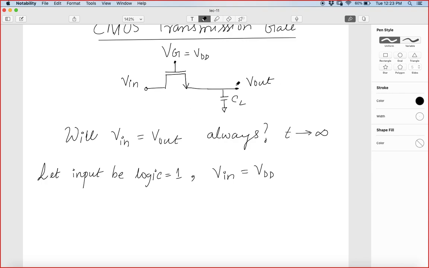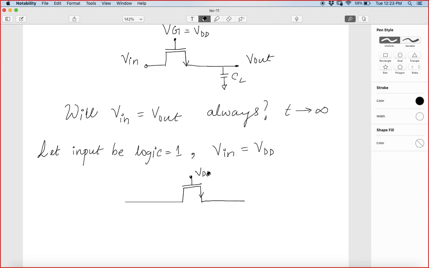This is the condition: I have applied VDD here. So my question is, what will be this V out? Of course, because VDD is applied here, initially, let's assume that at t equal to 0, the output is 0. So initially this output was at 0 volt.